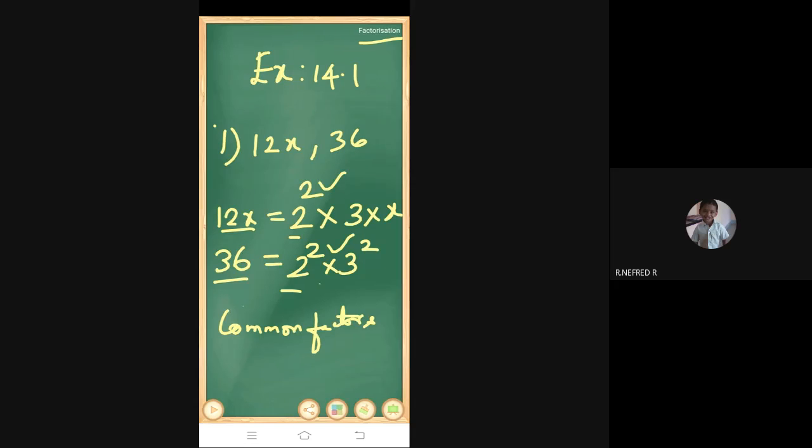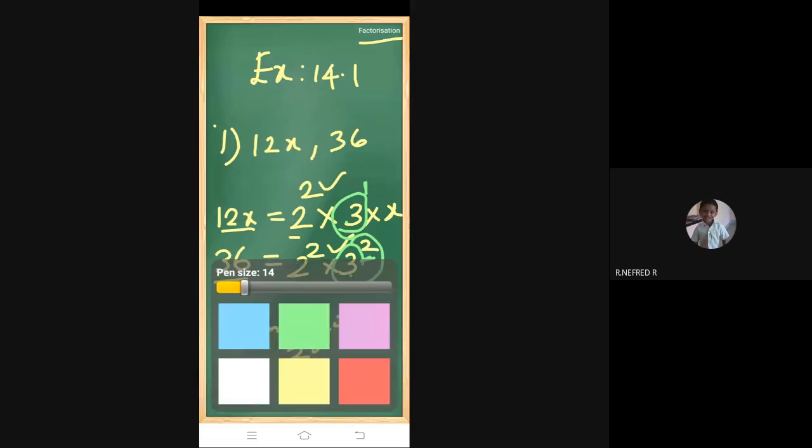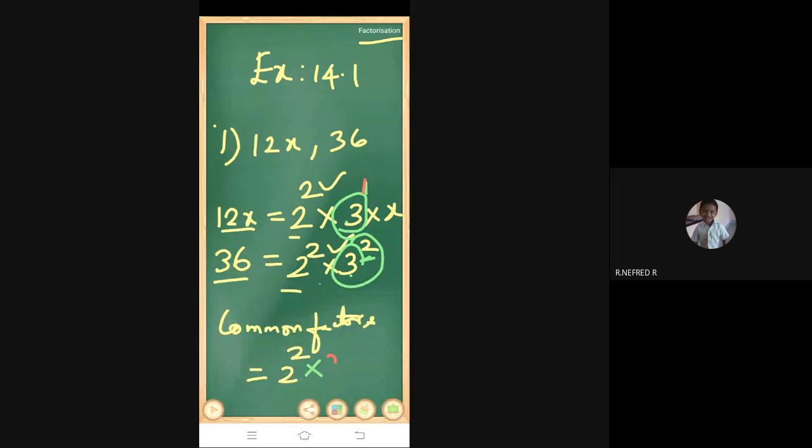See here 2 square, 2 square. So 2 square is common. When you check the next one, here you have 3 and here you have 3 square. So 3 is common. But what is the least power, children? Least power means 3 power 1. Here 3 square, here 3 power 1. So let us write 3 power 1.